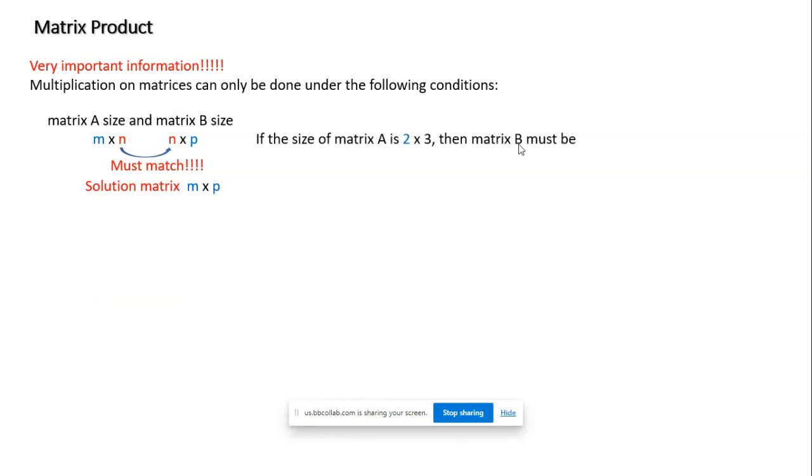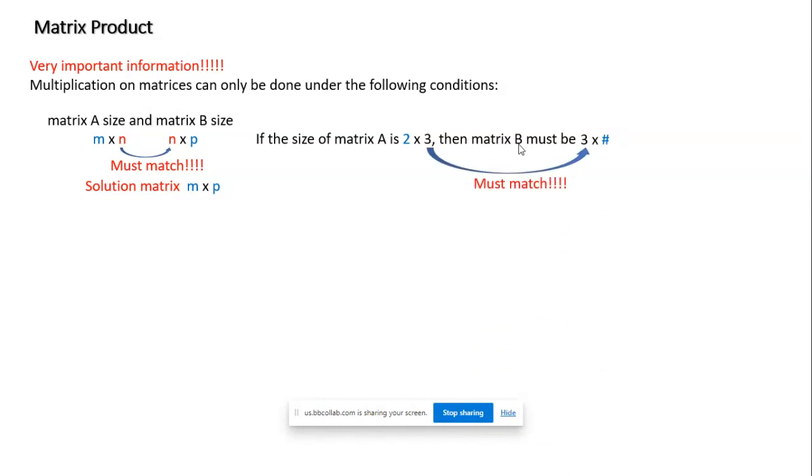So if I ask you, if the size of matrix A is 2 by 3, then matrix B must be what? If we want to multiply matrix A with another matrix, how many rows should the other matrix have? Well, the answer would be 3.